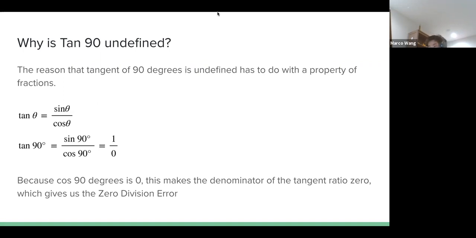Since sine is opposite over hypotenuse, it would be equal to 1 at 90 degrees, while cosine would be equal to 0. And 1 over 0 is undefined, which means tangent of 90 is undefined. Okay, cool. If you want to write this down, feel free to.